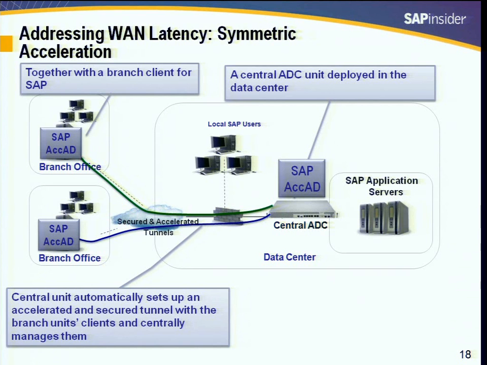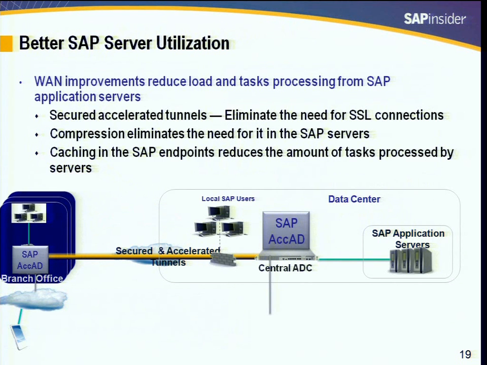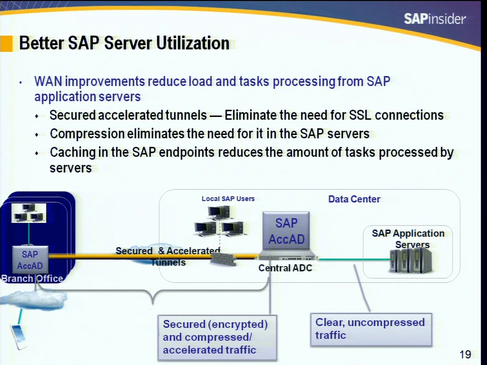And on the backend data center itself, there is clear traffic. So this clear traffic is on the backend side between the application server and the central ADC. There's encrypted and secure traffic between the central ADC and the branch footprint. And then you have clear traffic. So you're not doing the expensive, compute-intensive operation on the branch devices or the SAP servers, right?